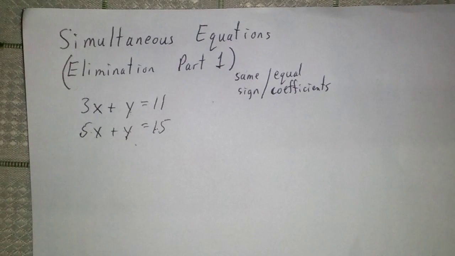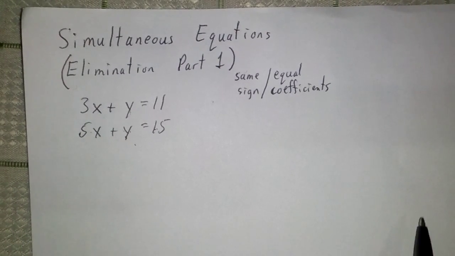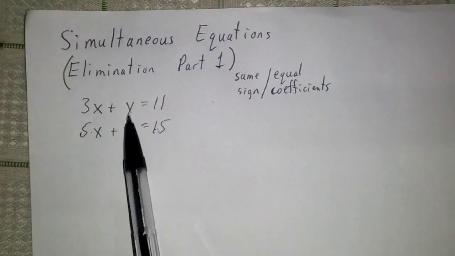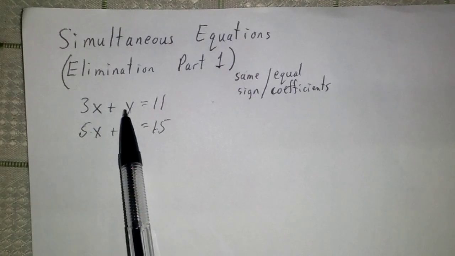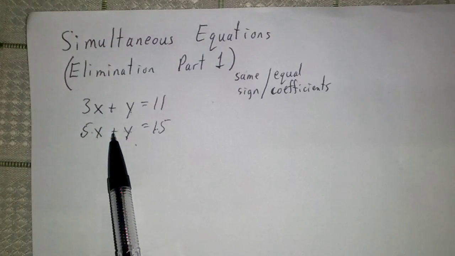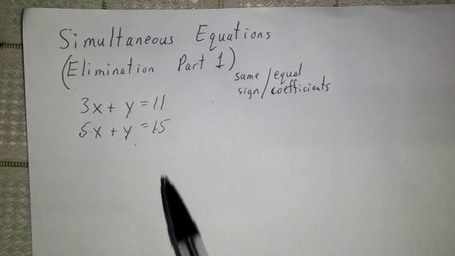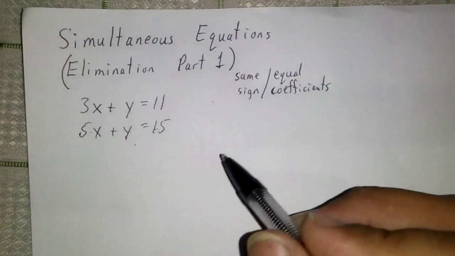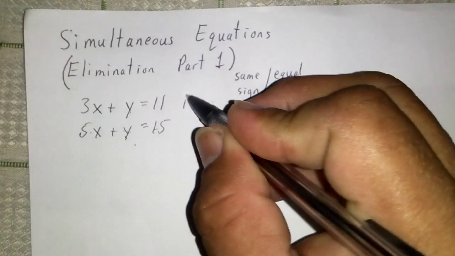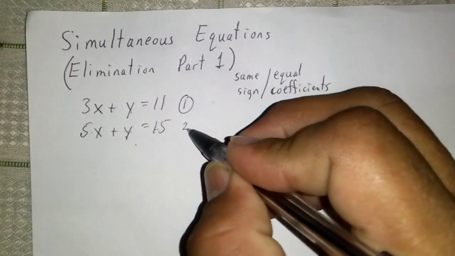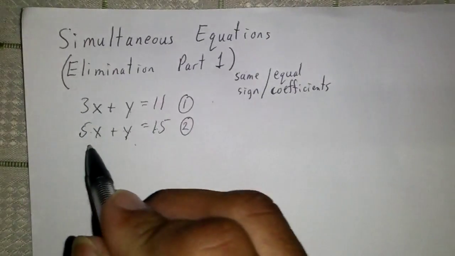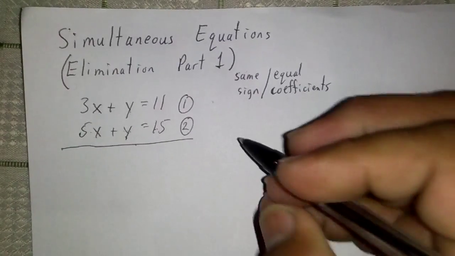Good. So for us to get rid of one of these variables, since we notice that these two variables have equal coefficient and same sign, we need to subtract one from the other so that they can be eliminated. So let's start. We call the first equation equation 1 and we call the second equation equation 2. So draw a line.